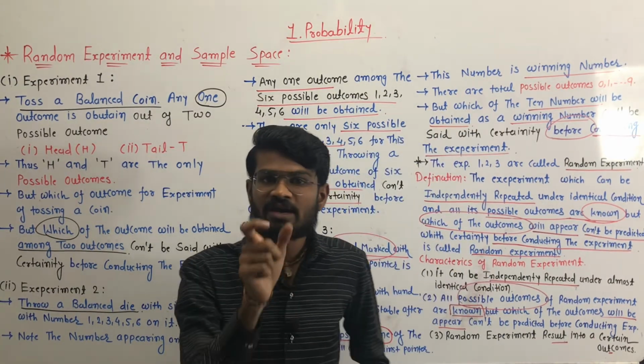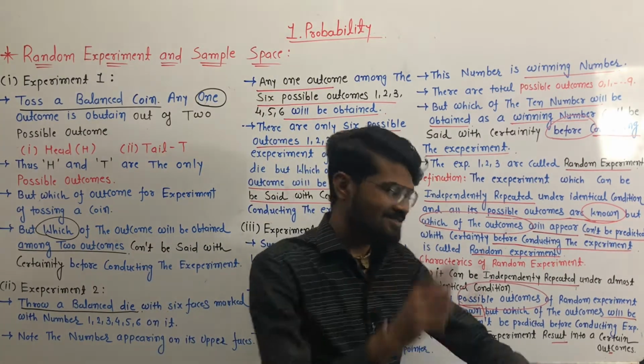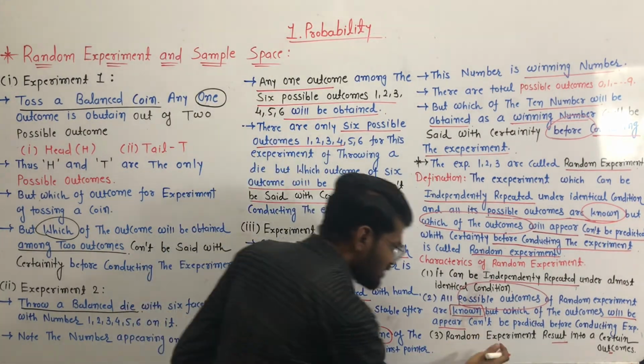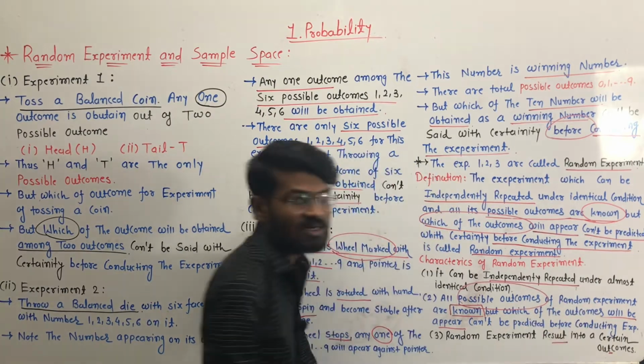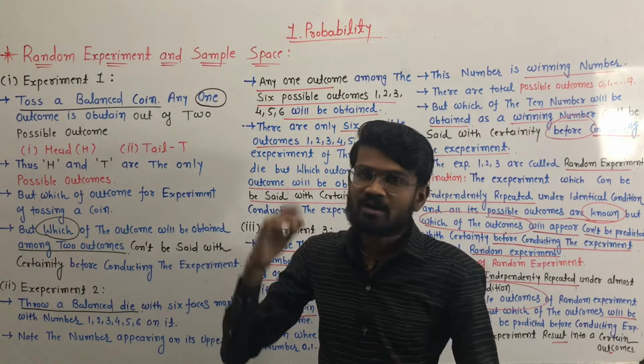Clear? So random experiment result into a certain outcome. Clear? So this is the random experiment.